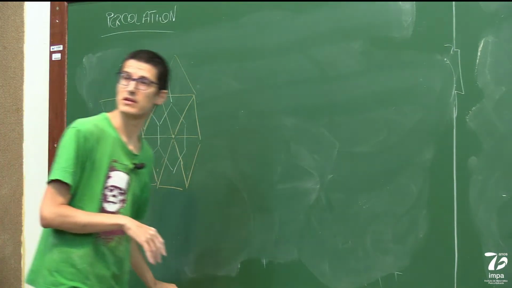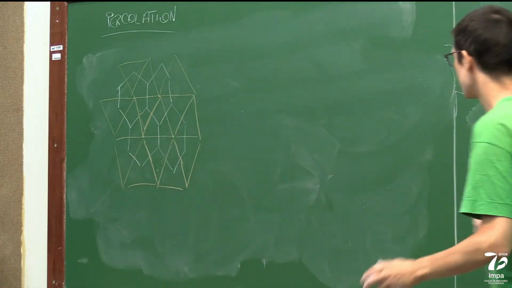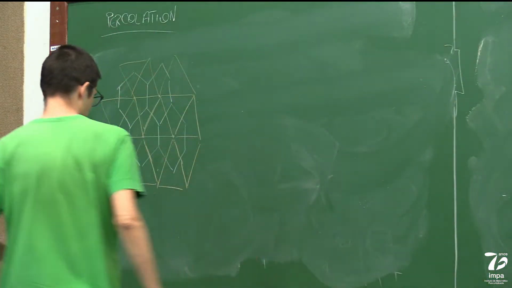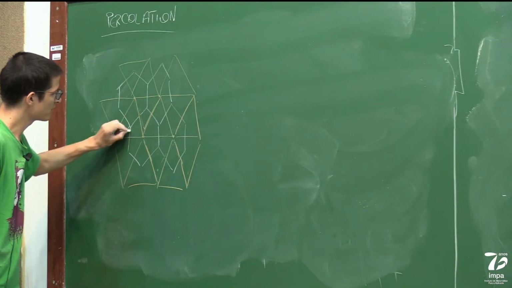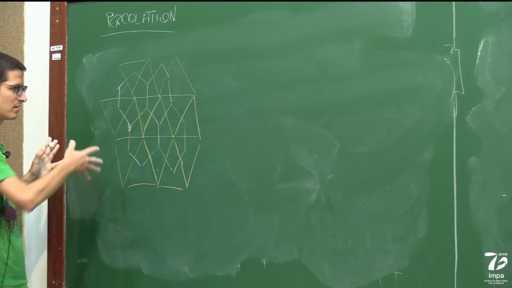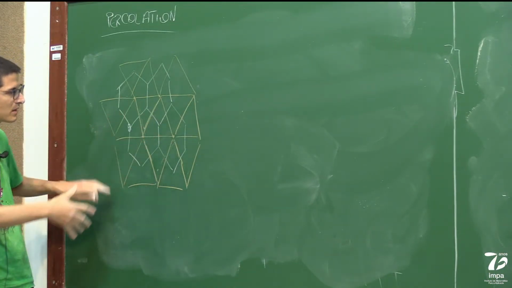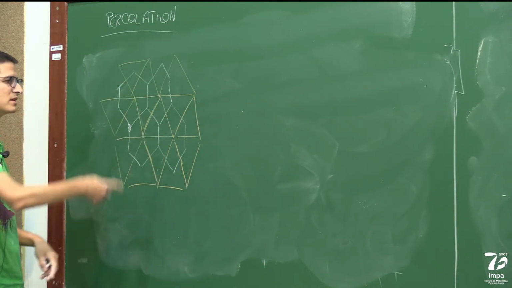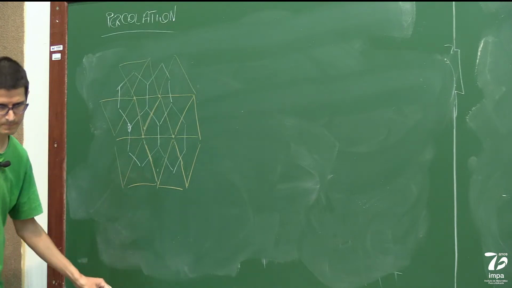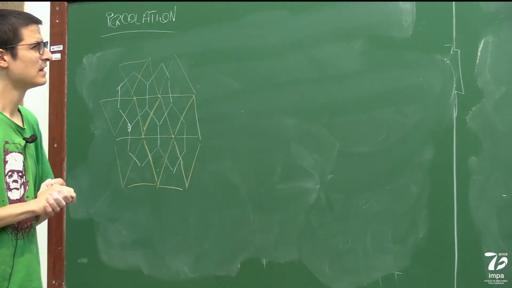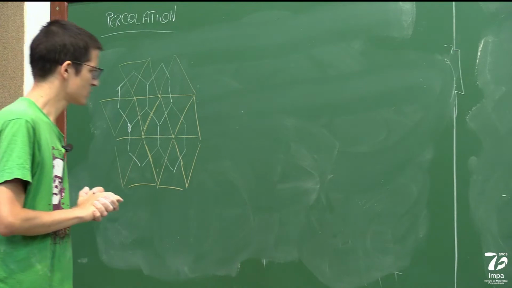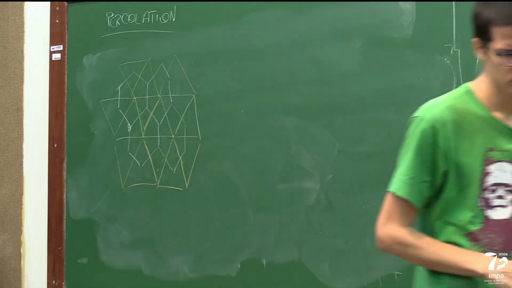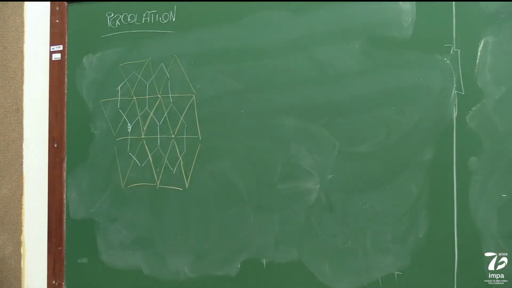Okay, this is ugly. But basically, yes, if you fix a point and you say that this thing is in a finite connected component, you will have a closed circuit in the triangular lattice.